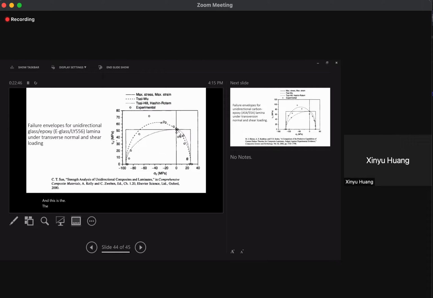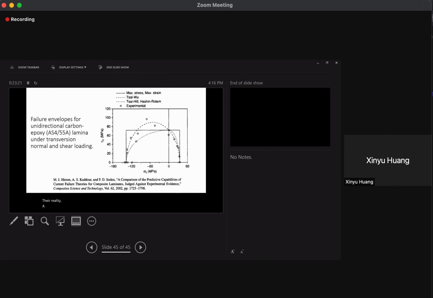Again, the dots are the experiments and the lines are the theory. Again, you can see based on the data, Tsai-Wu seems to be closest to the data, then Tsai-Hill theory, then the maximum stress strain theory. So maximum stress strain theory is not such a good theory to use. It can be pretty far away from reality.